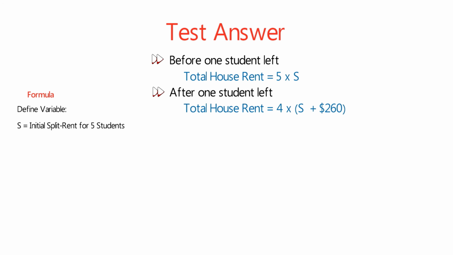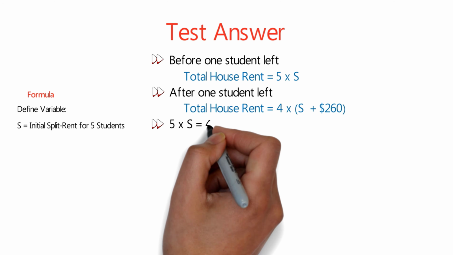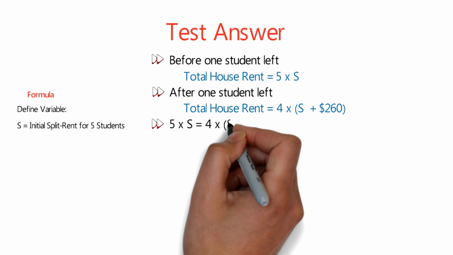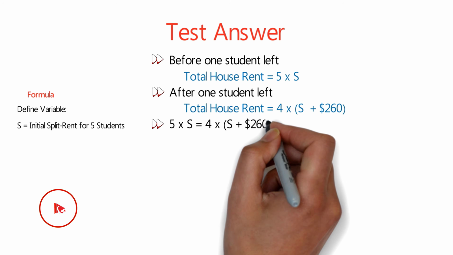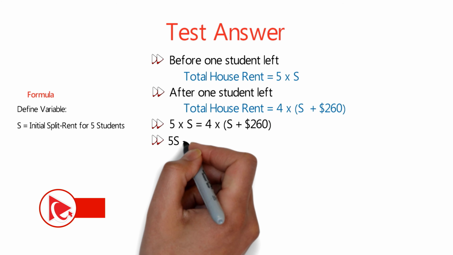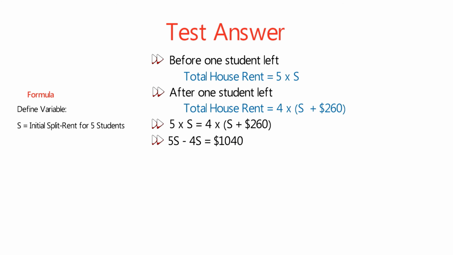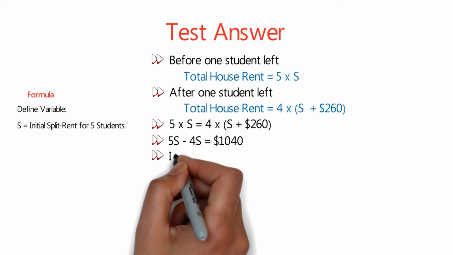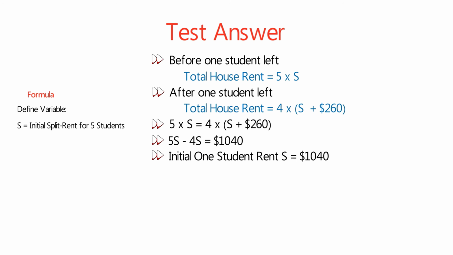Using both approaches, we can create an expression: 5 multiplied by S equals 4 multiplied by the value in parentheses S plus $260. Once we simplify it, we'll get to the equation 5S minus 4S equals $1,040, which means that S equals $1,040, which represents the initial one student rent.